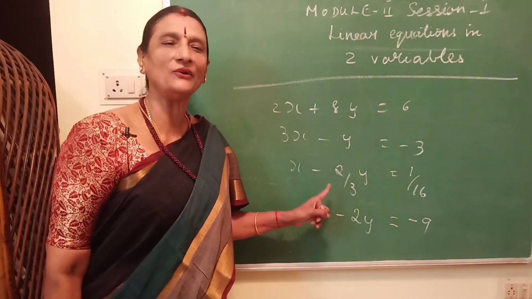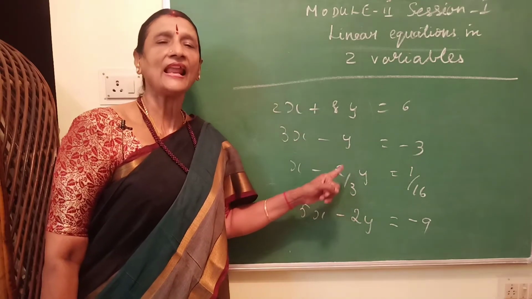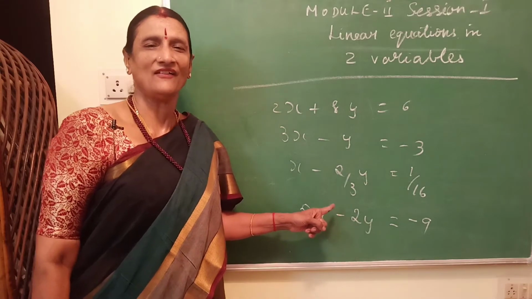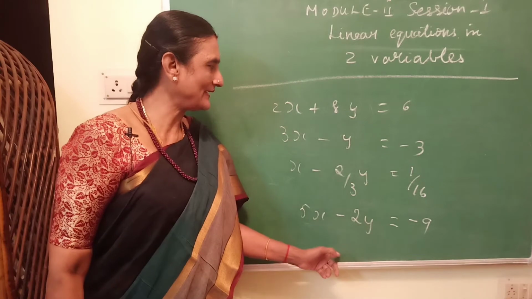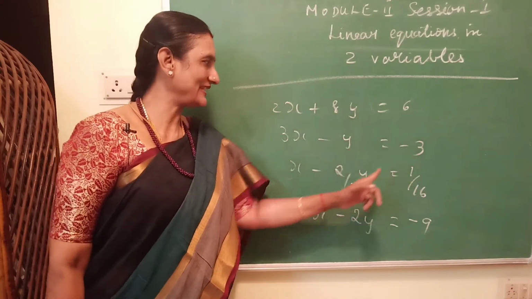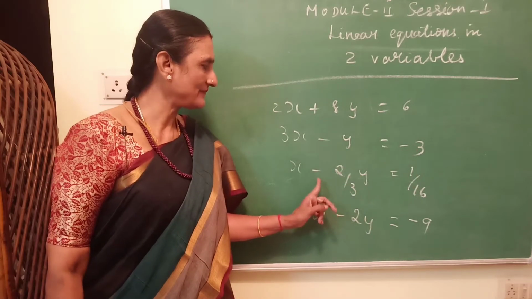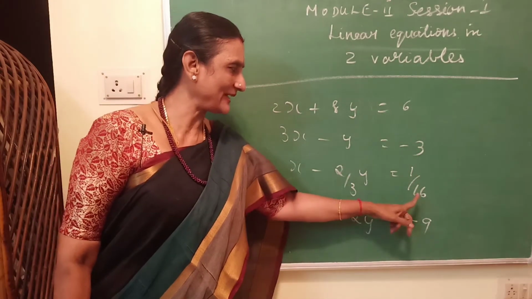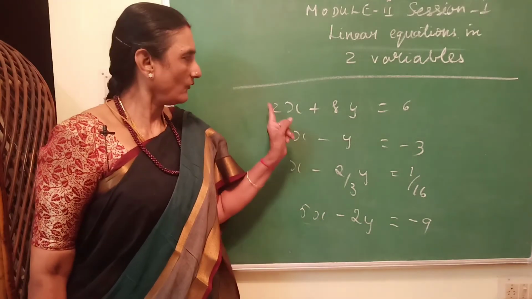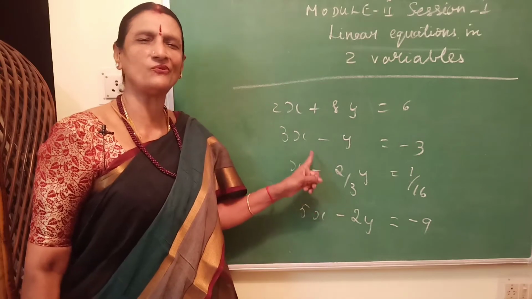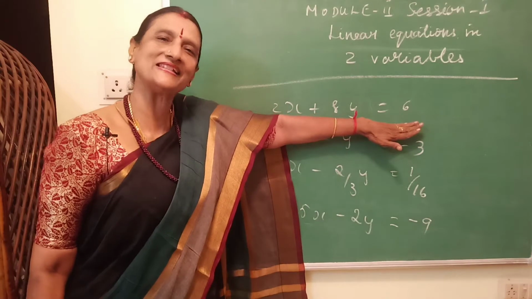Now I want you to thoroughly examine the equations once again and be ready with your answer, which I am going to ask you now. You had given this example, 2x plus 8y is equal to 6, 3x minus y equal to minus 3, and x minus 2 by 3 times of y is equal to 1 by 16. Now, when you look at this, what is your first impression? You tell me. It gives a representation.